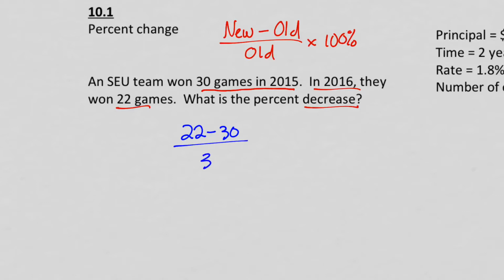So the only way you can get this wrong is if you divide by the new number instead of the old. So just keep in mind, you're always dividing by the old number or the previous number. So that's going to give us negative 8 over 30.